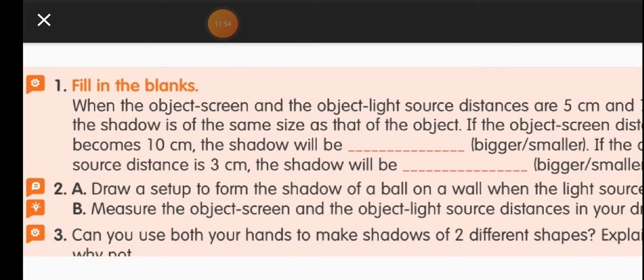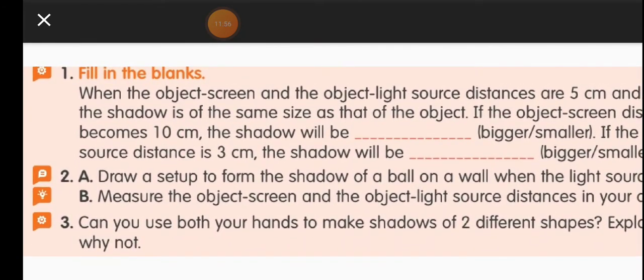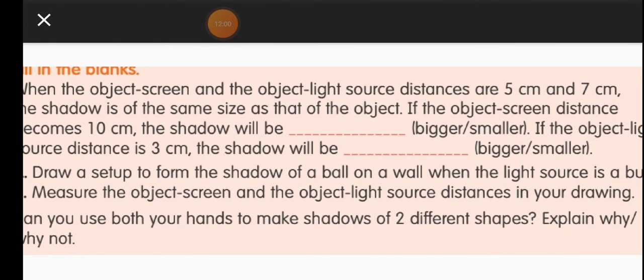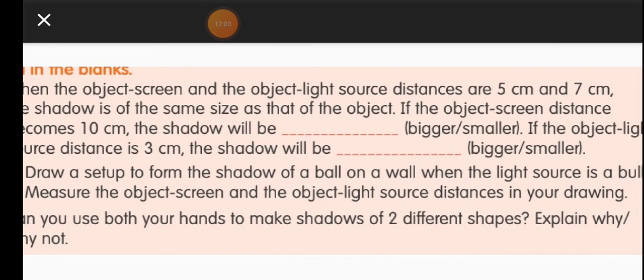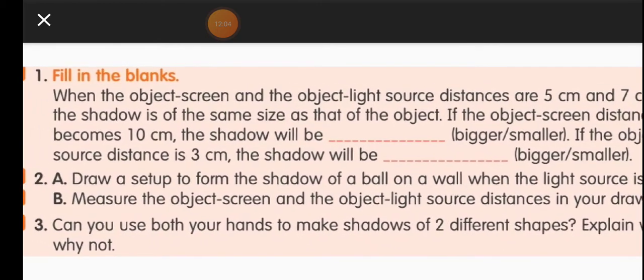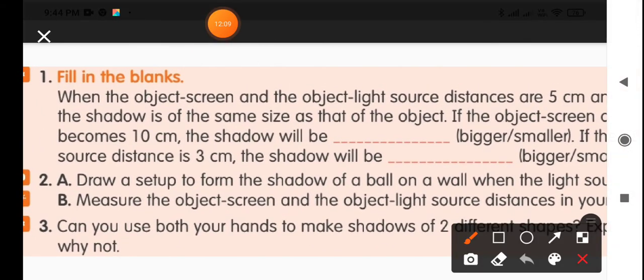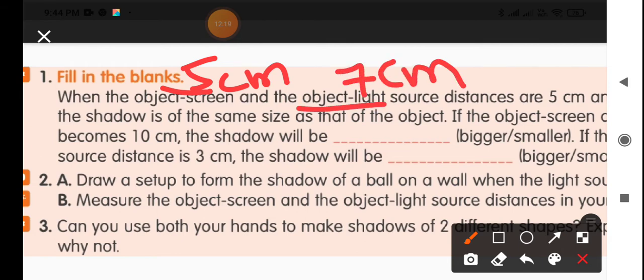So the first one: when the object-screen and the object-light source distances are 5 centimeters and 7 centimeters, between the object and the screen 5 centimeters, and between the object and the light 7 centimeters.